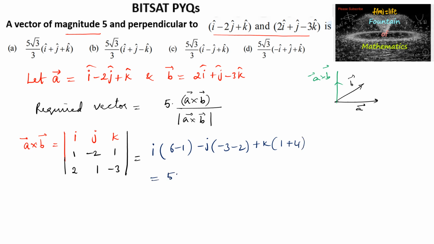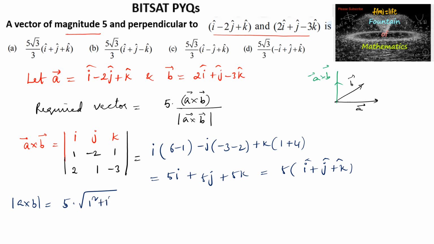So which is equal to 5i plus 5j, and again 5k, that is 5 times of i plus j plus k. And mod of A cross B is equal to 5 times under root of 1 square plus 1 square plus 1 square, that is 5 into root 3.